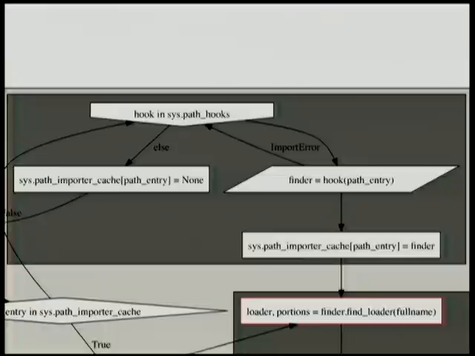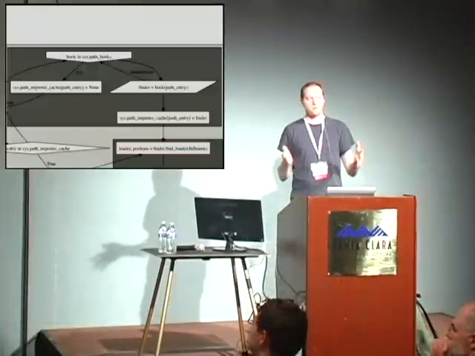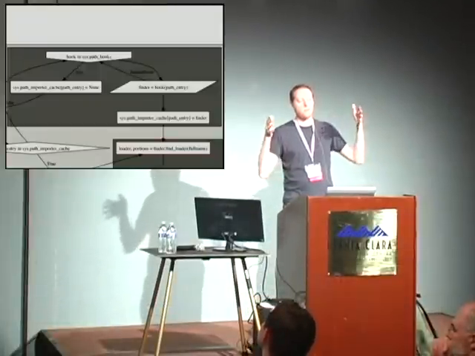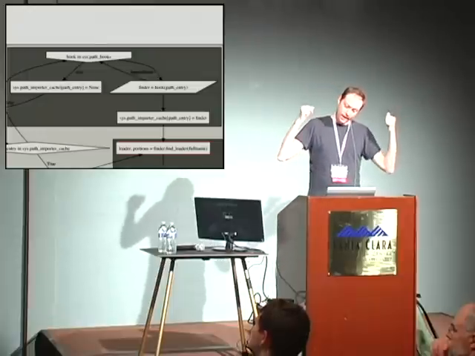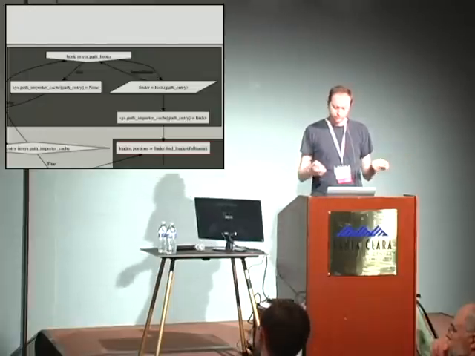So what happens if we're not lucky enough to actually have anything in there? Well, there's a whole other thing in the sys module called sys.path_hooks. It's a list of callables. Basically what you do is you take your path entry, pass it into each callable in sys.path_hooks and say, okay, can you find me a path entry finder that I can cache and use to try to find a module in this location? If it raises ImportError, it didn't, and you keep looping through.